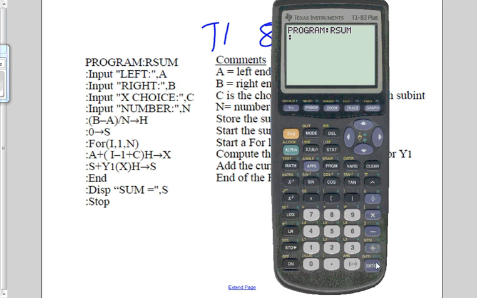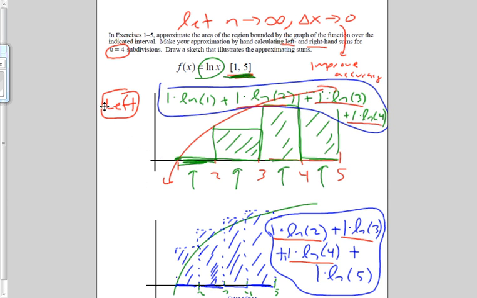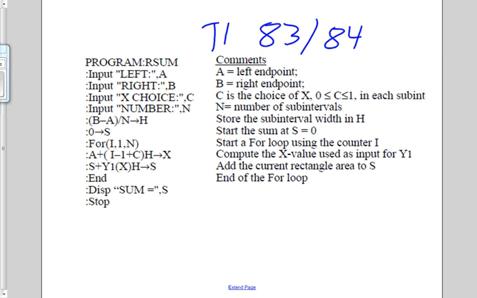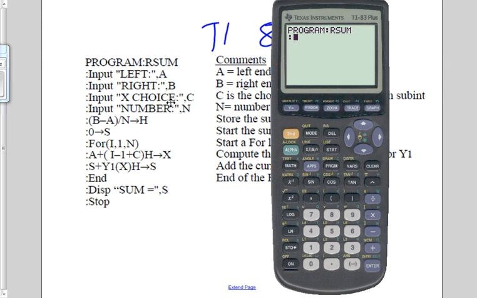It's a great skill. So what we want to do is input our left bound. So for example, in the last problem, our left bound would have been 1. So we want to input our left bound into our calculator. And the way we do that is input. So press Program and go up here to the right for input output, and there's our input command.